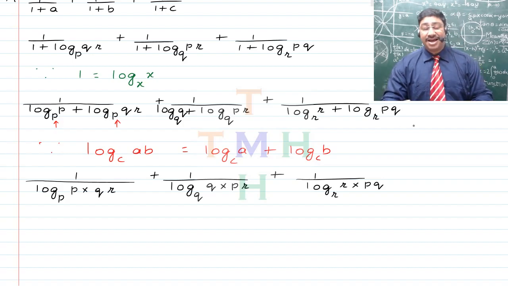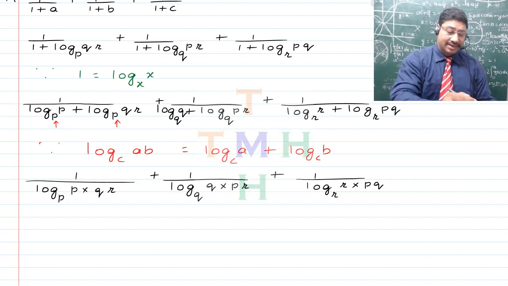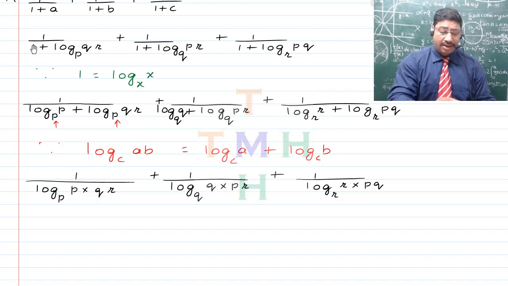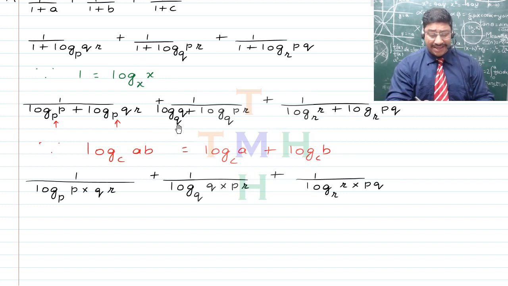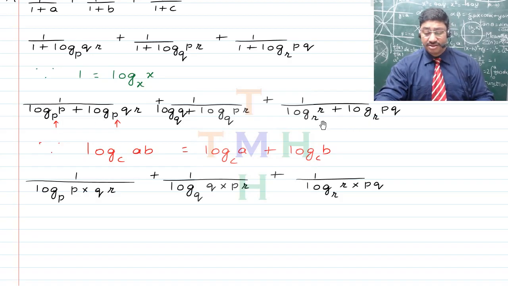Now I hope you can understand why in the first term the base for making 1 out of log was taken to be p. For the second term it was done by keeping the base to be q, because here there is q and earlier there was p, and similarly in the third term there is r, and as such we wrote the 1 to be log r to the base r.